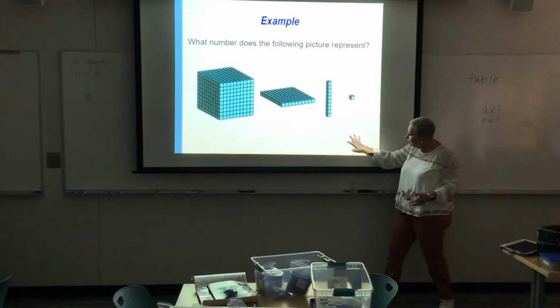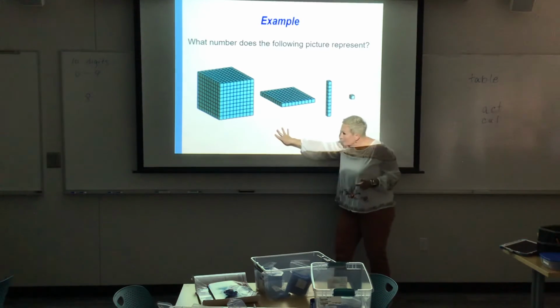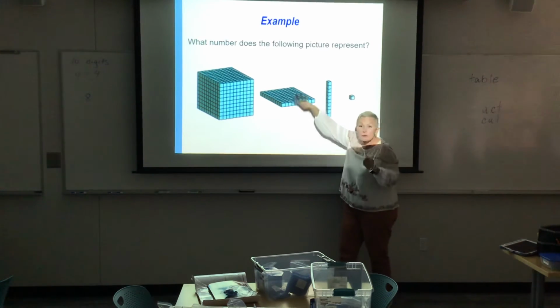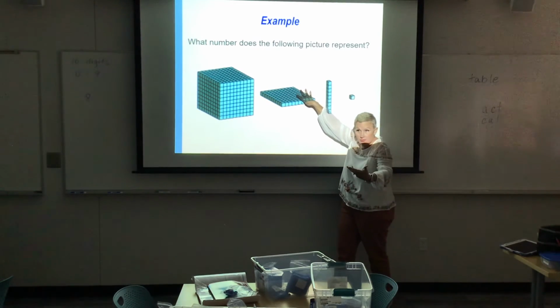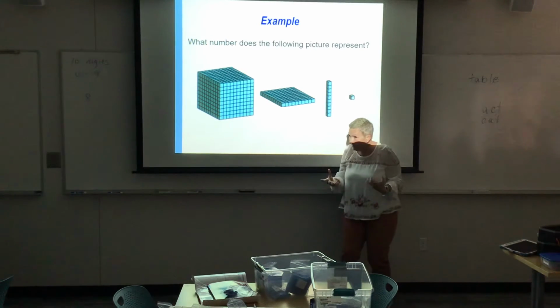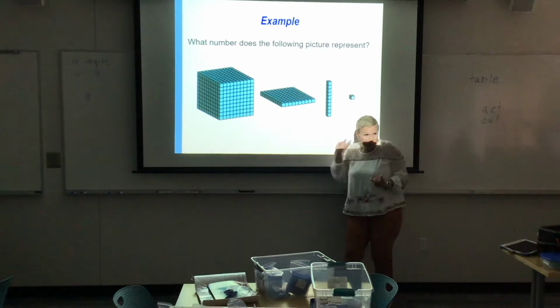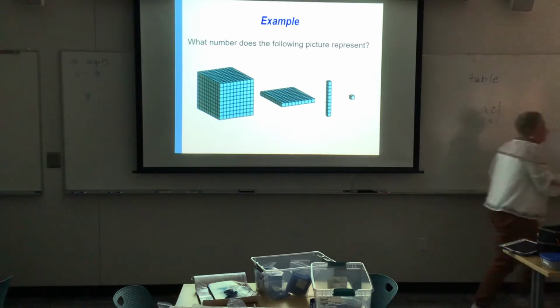So if we have a 3, we have 3 of those, right? If we have a 4 in this place value, it means we have 4 flats, which is worth how much? 400. That's the crux of place value. Its location determines its value. You with me? Okay.